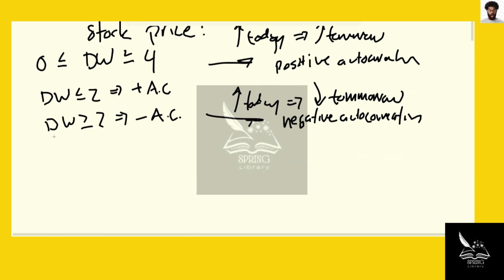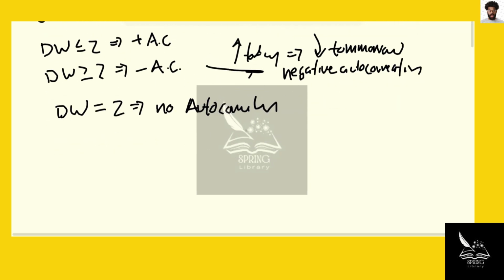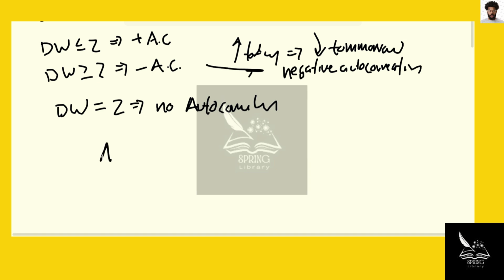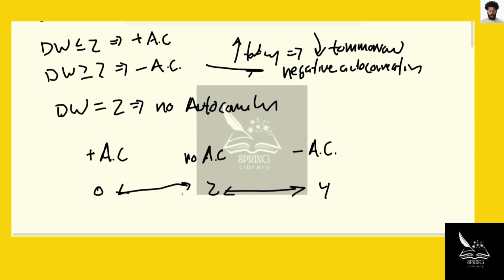But if the Durbin Watson is 2, that implies that there is no autocorrelation. Right? So you can kind of think of it as a spectrum: positive autocorrelation over here at 0, negative autocorrelation here at 4, and 2 is in the middle. No AC, right? It's a spectrum from 0 to 4 where 2 is in the middle.